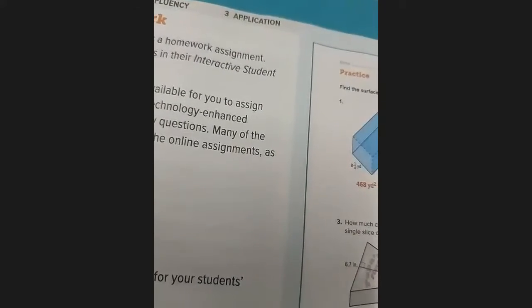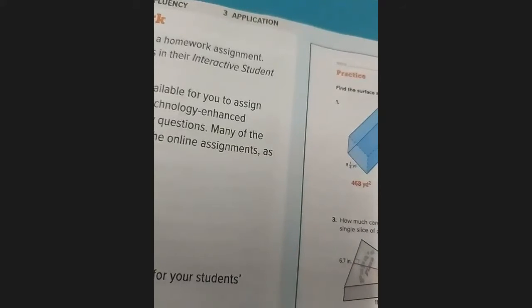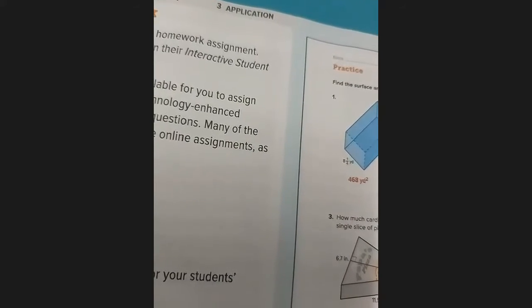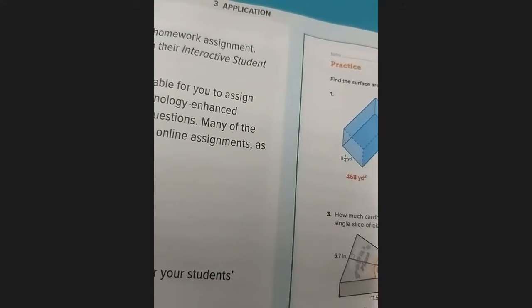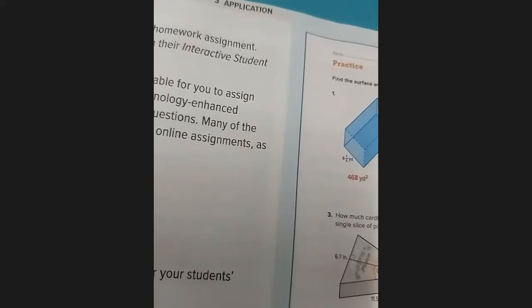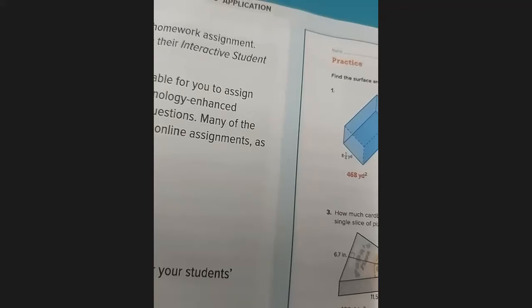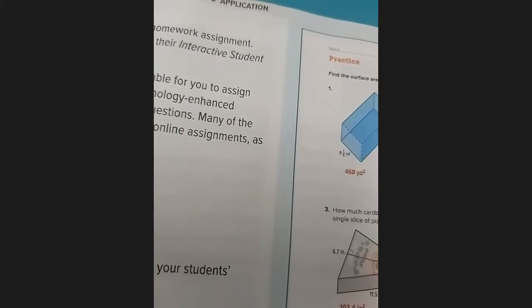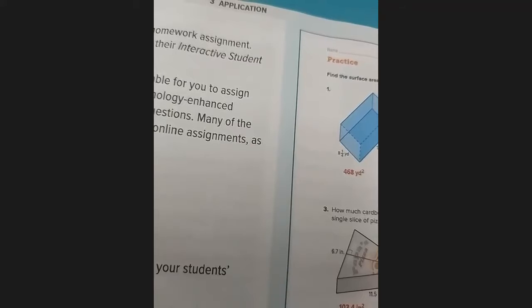Question 3. Read. How much cardboard is needed to make the single slice of pizza box shown? It means we need to find the surface area of this figure.